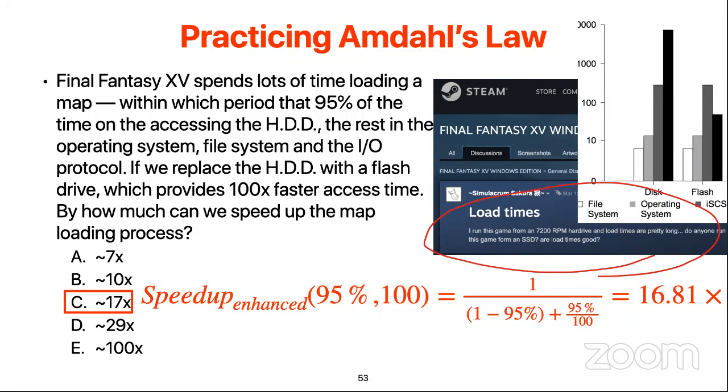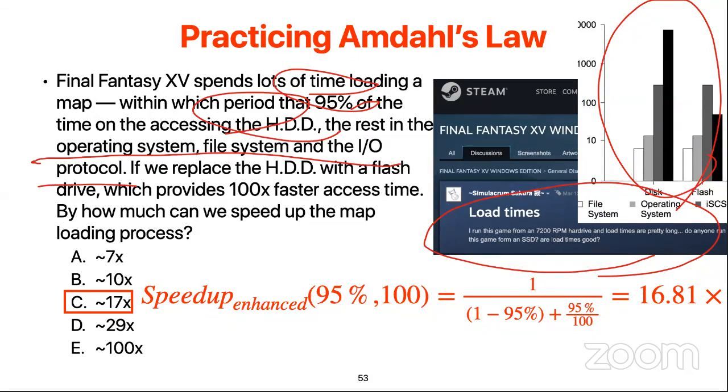If you dig out another paper, you will figure out that when you are loading a map, 95% of the time is on the hard drive, and the rest is software overhead that your processor deals with. So if I have a flash drive, or say an SSD, which would be 100 times faster, I'm not bluffing you, right? 100 times faster by an SSD, that's possible.